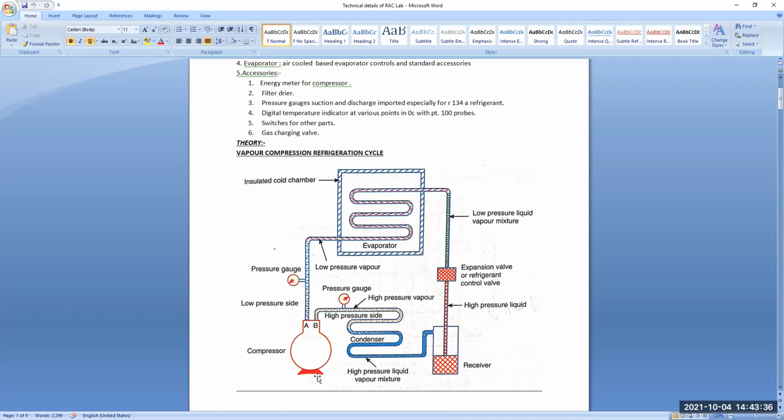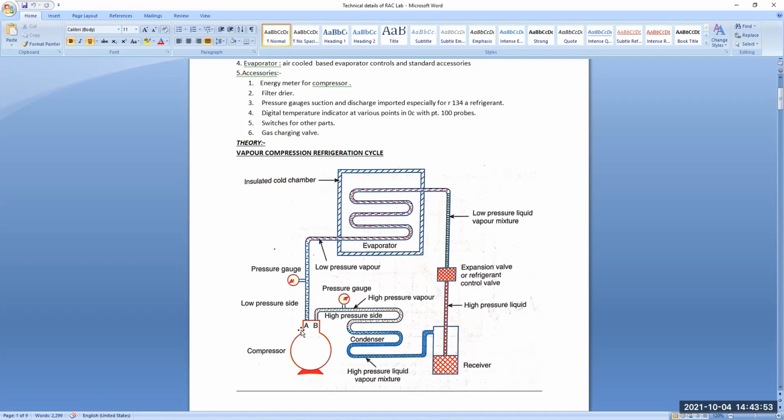So it is very clear that the compressor is compressing a vaporized refrigerant, and the expansion or throttle valve, or capillary, is expanding a refrigerant in liquid state.